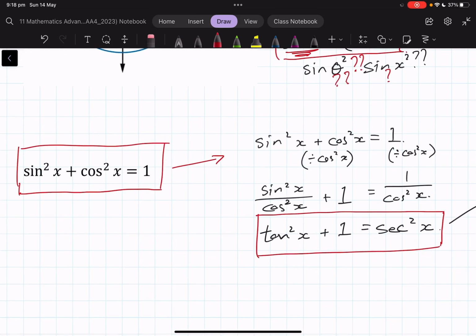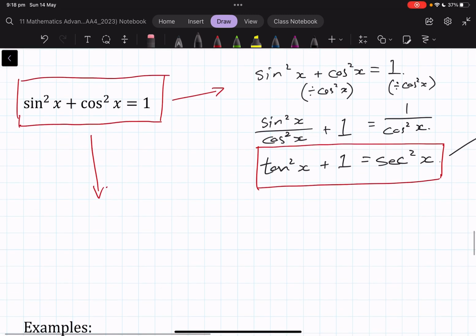Now, if I then take this and I say, well, what if I divide both sides by sine squared? Sine squared x plus cos squared x equals 1. If I divide both sides by sine squared x, what would happen? Well, we get a different set of ratios and identities.